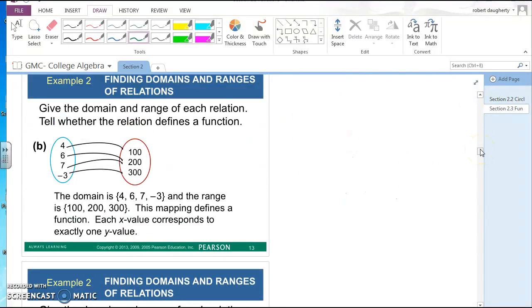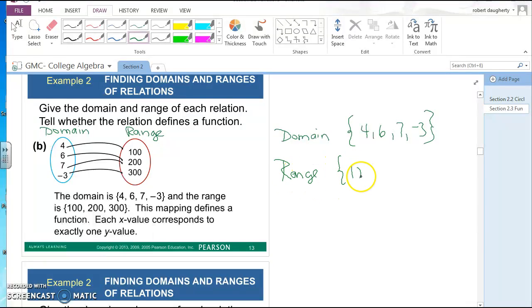Now let's look at a mapping. How do I find the domain? So the domain is the set of all input values. So my domain, when you look at a mapping, this is your domain, and this is your range. So the domain, what numbers are in the domain? That's just 4, 6, 7, and -3. What values are in the range? That's simply 100, 200, and 300.